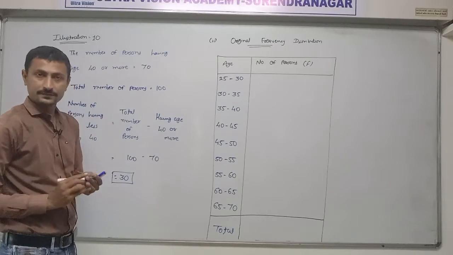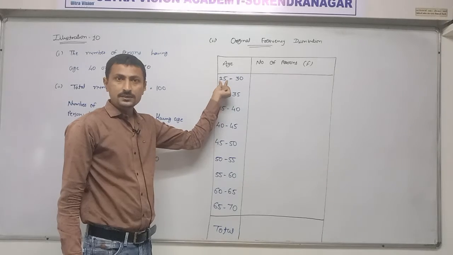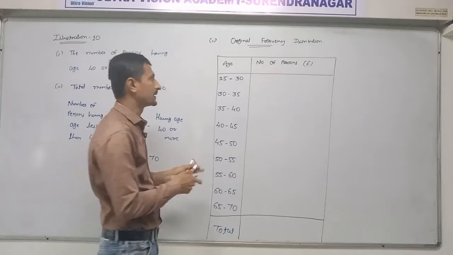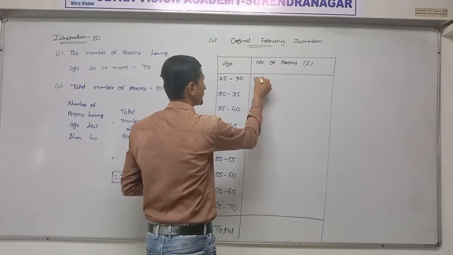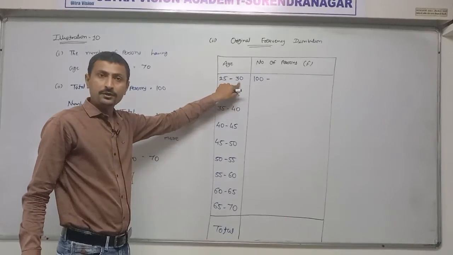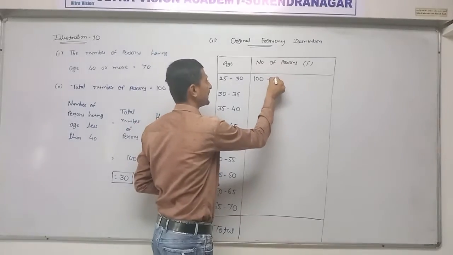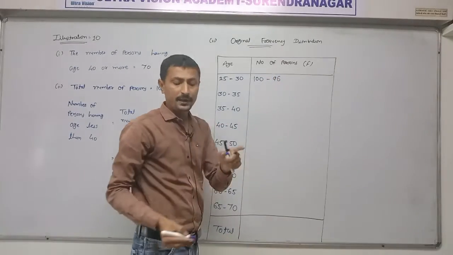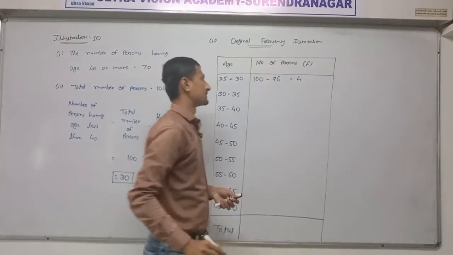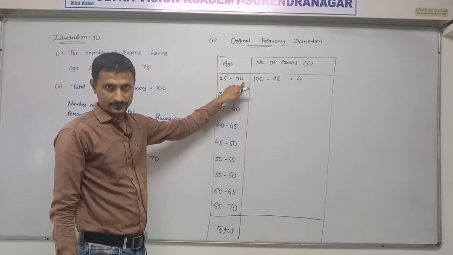Next, the number of persons. Having age 25 or more, the number of persons in your question is 100. And having age 30 or more, the number of persons is 96. So find the difference, 100 minus 96, 4 persons having age between 25 to 30.